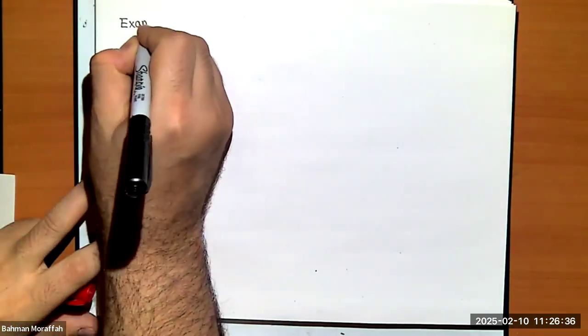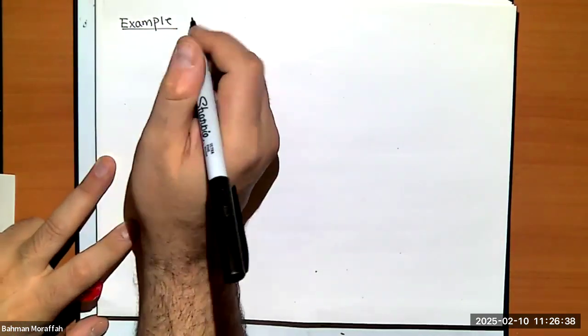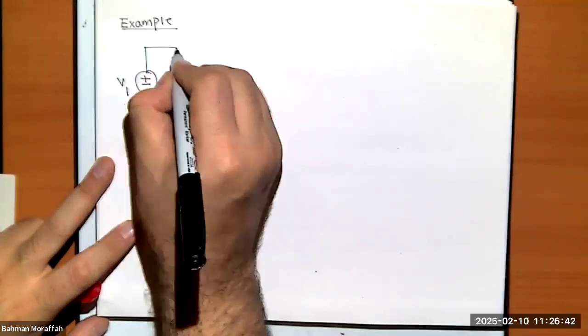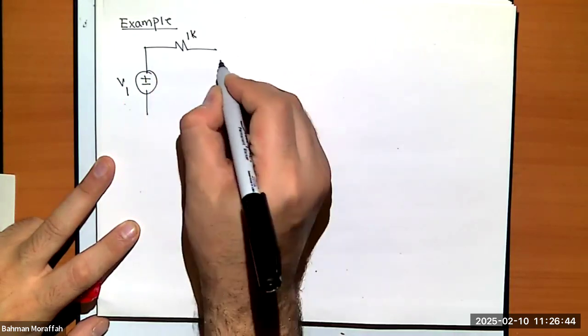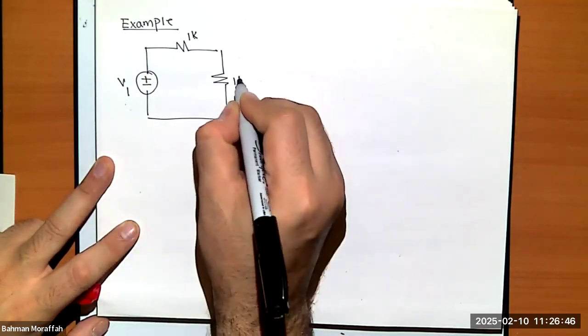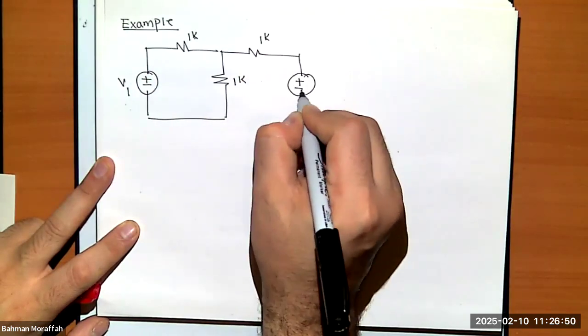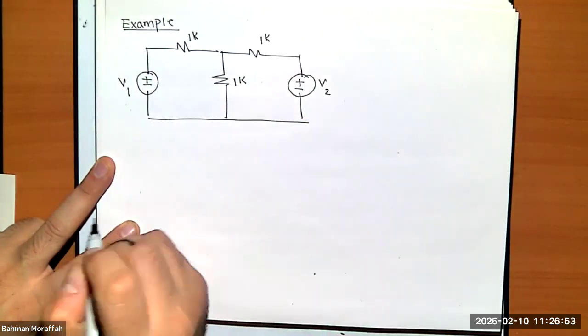Let's just do a quick example. Let's start easy. Let's say I'm given this circuit. This is V1. This is 1K. This is another 1K. Another 1K. And V2.